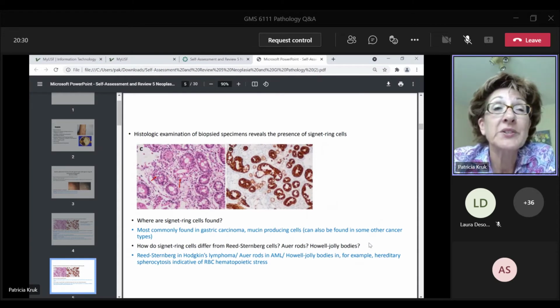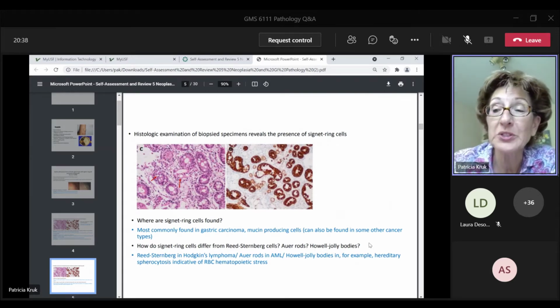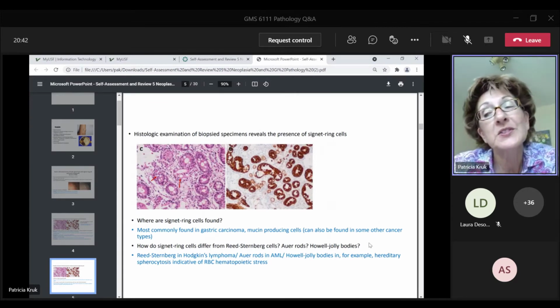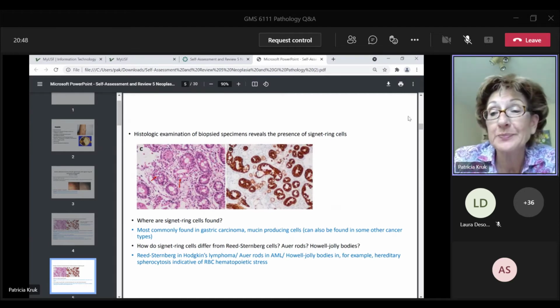A lot of the red blood cells are extruded into the circulation without fully maturing, and you often see those Howell-Jolly bodies, which are little pieces of nuclear material that are still remaining. So again, I'm trying to put you into the mindset of comparing and contrasting and looking at the whole global picture of things.